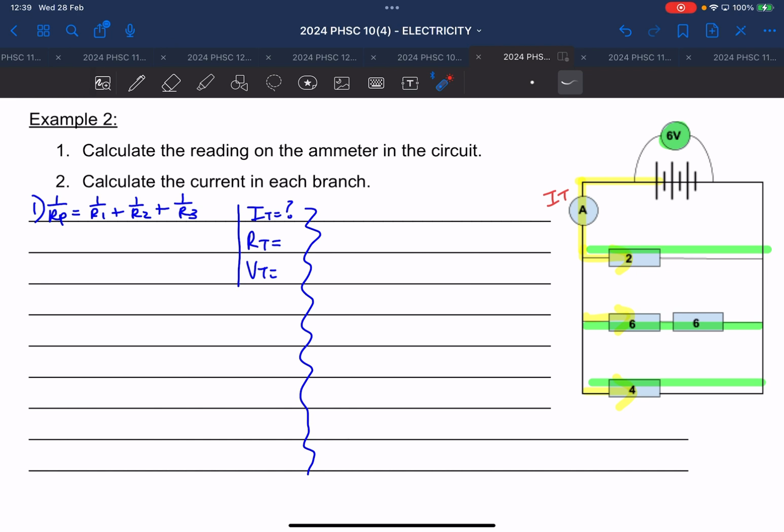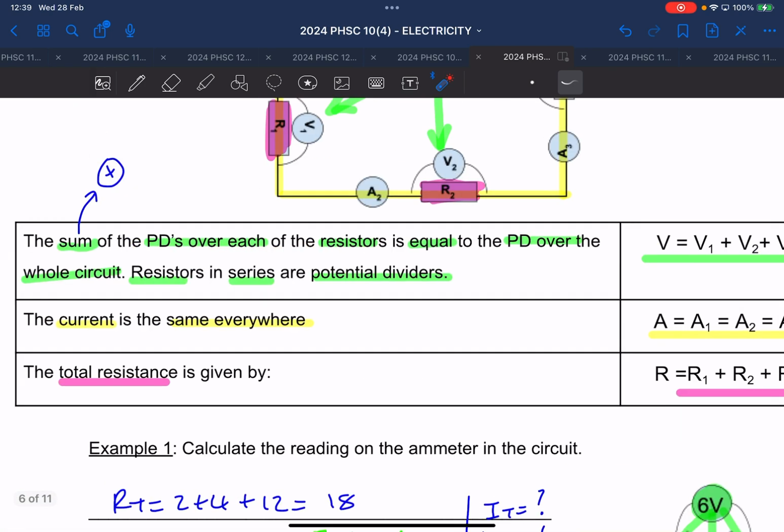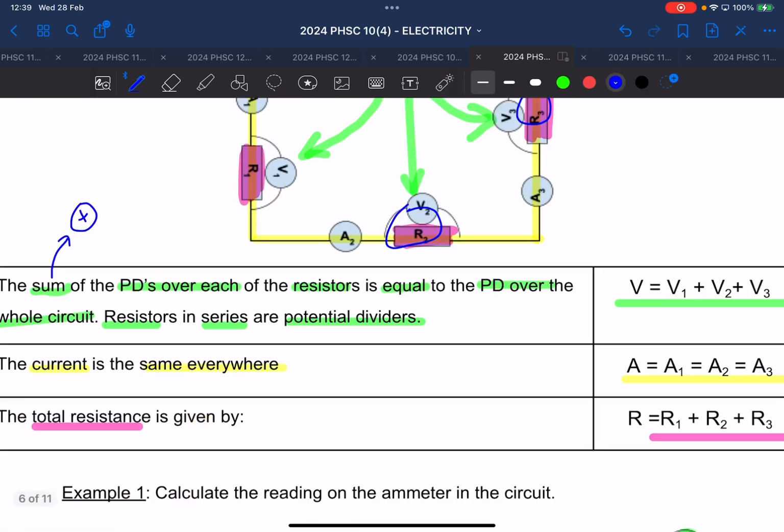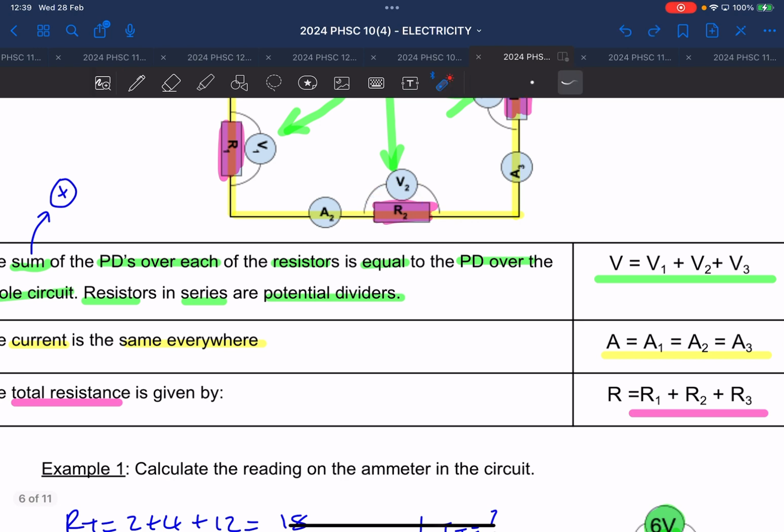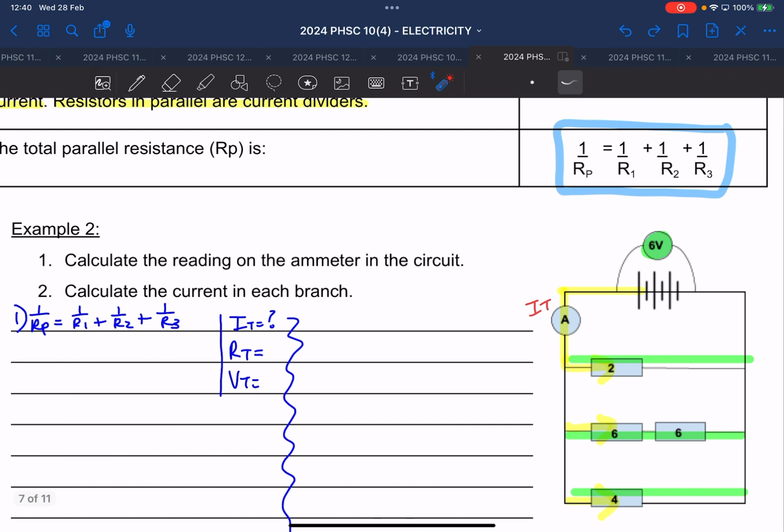The two sixes are in series with one another. And if resistors are in series, like there, you just add them together normally. So because they are in series with one another, this will be considered one resistor, one path. So this is 12 ohms together.